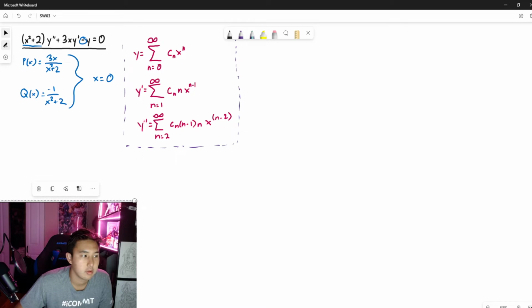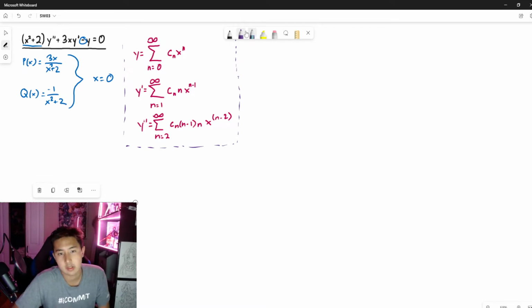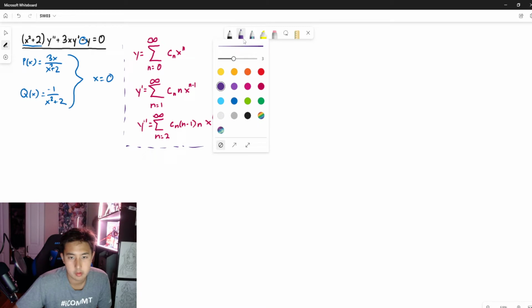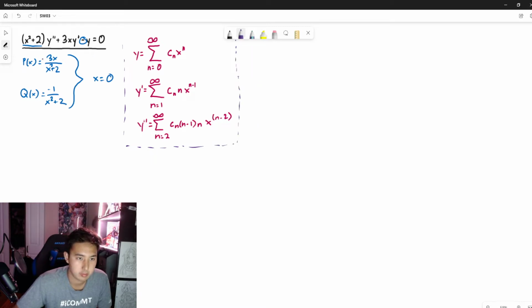We have our leading coefficient here, and we've derived our solution y. Before we plug into the equation, we can rearrange it. To do that, let's first distribute x squared plus 2.